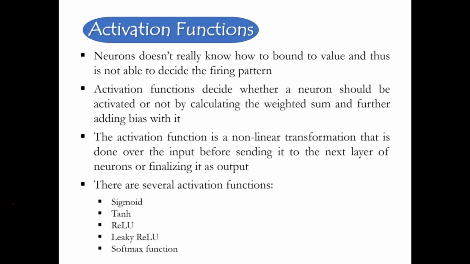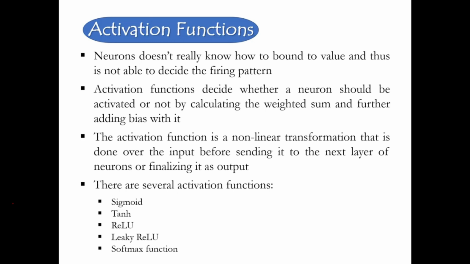The neuron doesn't know for itself, so activation function is required. The activation function tells the neuron, if you encounter this particular value, then you activate yourself in the next feature map, or you can suppress yourself. So this is the main thing of an activation function.